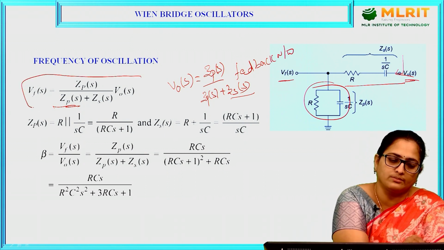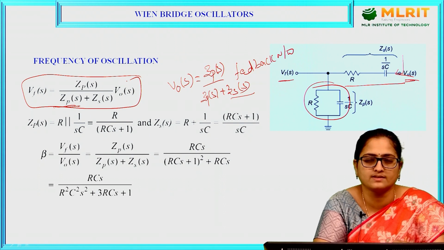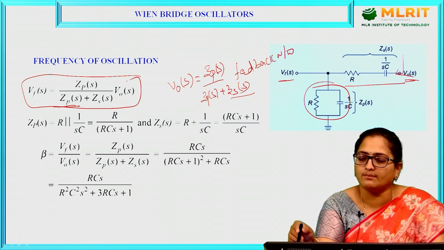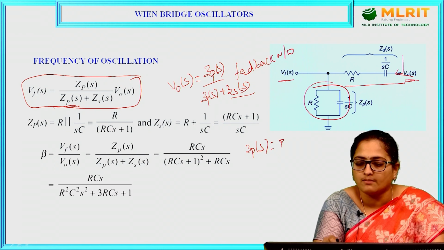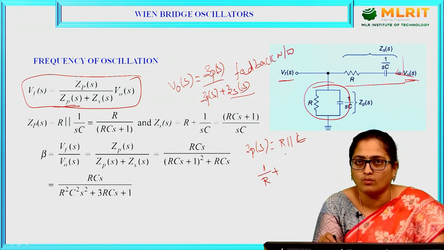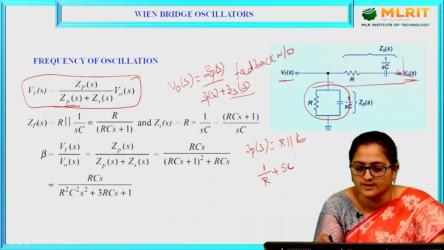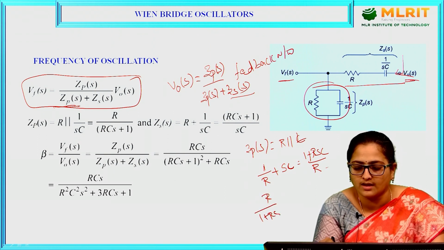This equation can be determined by applying the voltage divide rule across Vf of S, that is at the output of the feedback circuit, where Zp of S can be given as R parallel with C. That is, 1 by Zp equals 1 by R plus 1 by 1 by SC, which you can write as 1 plus RSC divided by R, where Zp of S should be the inverse, that is R by 1 plus RSC.